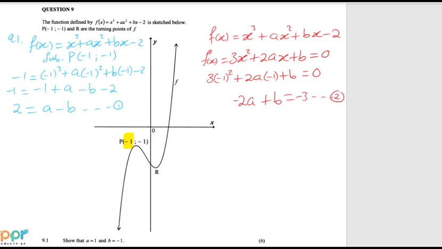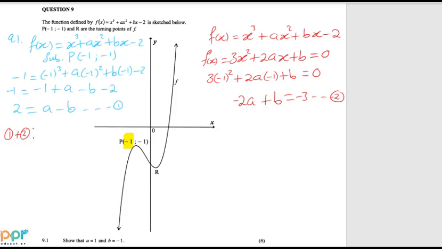Now I can use the elimination method here. I can say equation 1 plus equation 2 so that b and minus b eliminate.